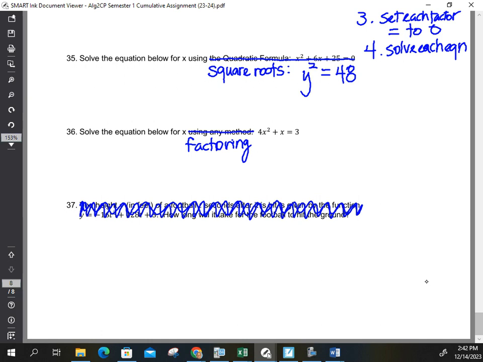So here we go. Here's a rectangle. One of the sides is x plus 7. One of the sides was x plus 9. The area of the rectangle is 143.